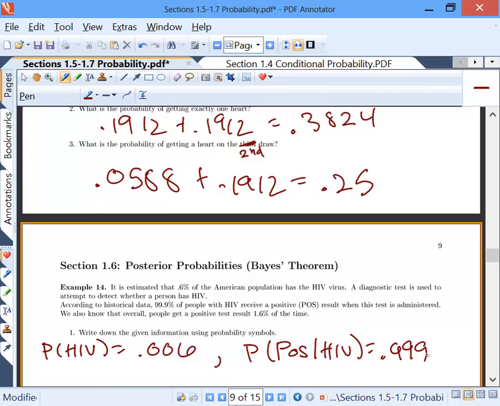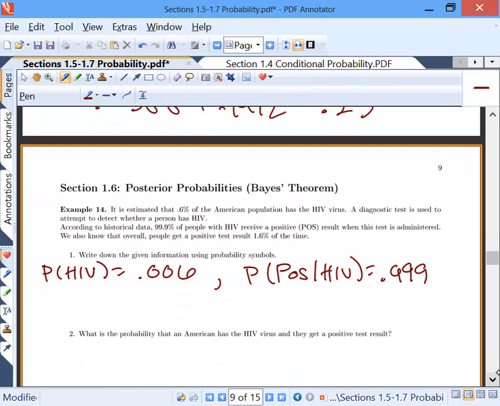That sounds pretty good, right? How many of you guys would feel comfortable with the test with that accuracy? Okay. I hopefully you don't have HIV, but if there's any other medical test, that sounds like a pretty good accuracy, right? And then let's see, we know that overall people get a positive test result 1.6% of the time, so that's telling me just the probability of positive overall is 0.016.